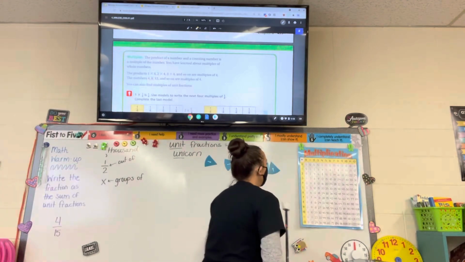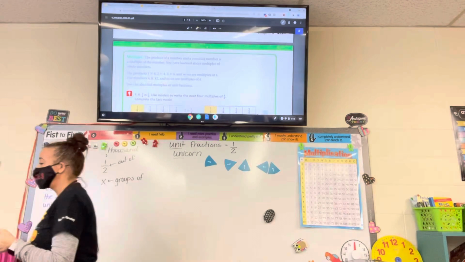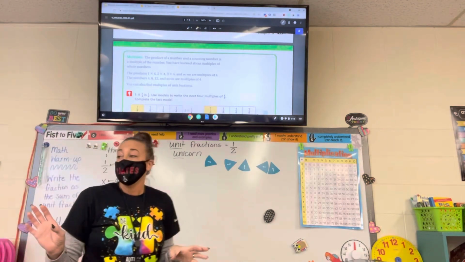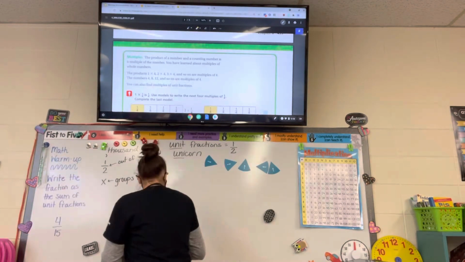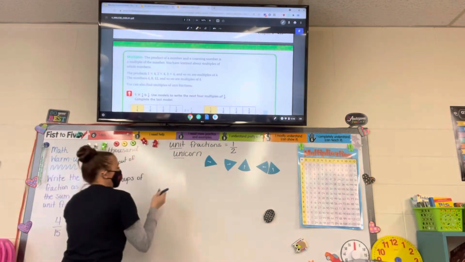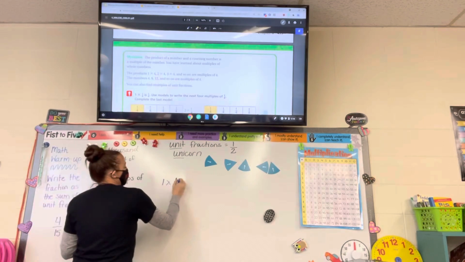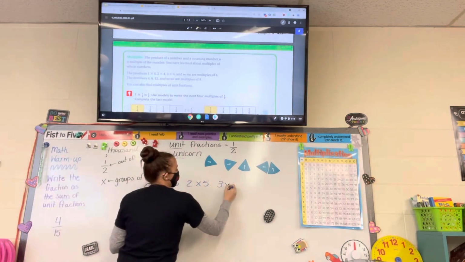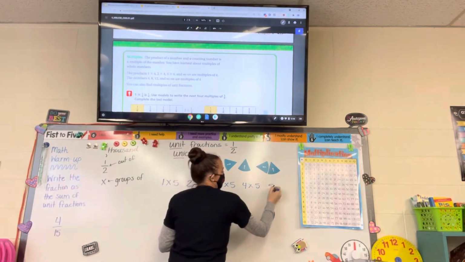Okay, so now we're going to do multiples of fractions. It sounds a little scary, but it's really not bad. To get what Owen just told us, what we're basically doing is going 1 times 5, 2 times 5, 3 times 5, 4 times 5, and 5 times 5, right?